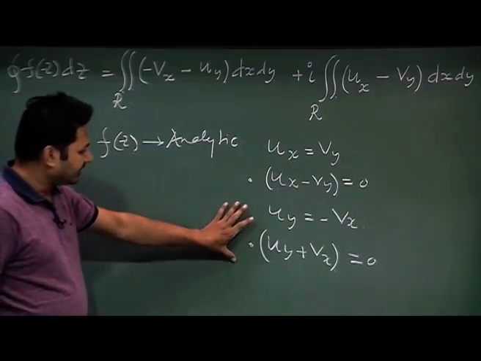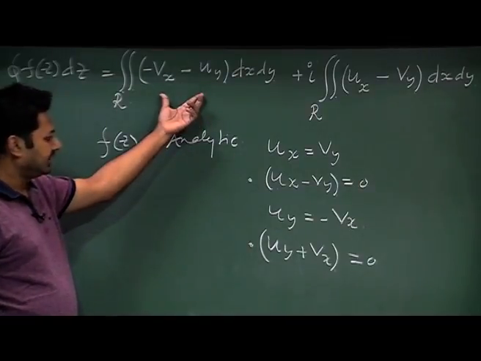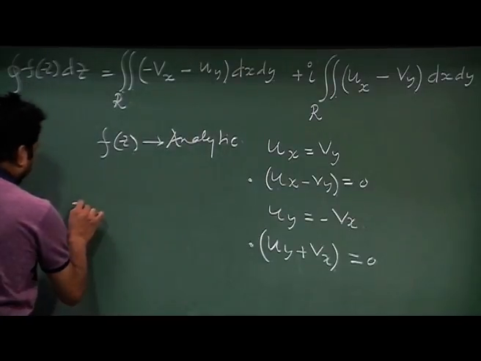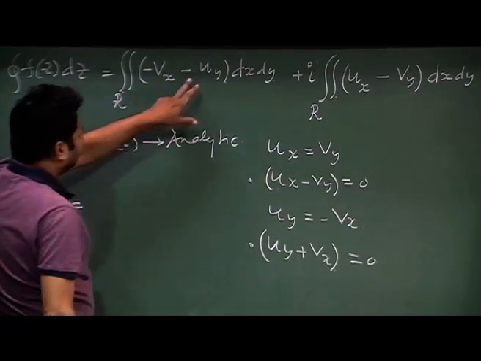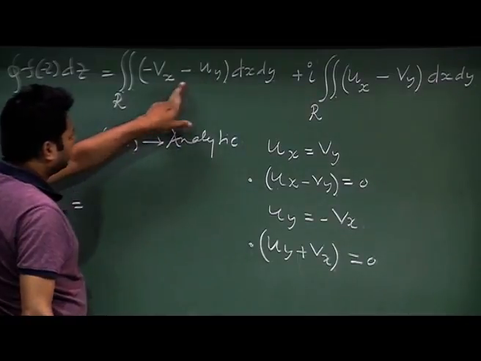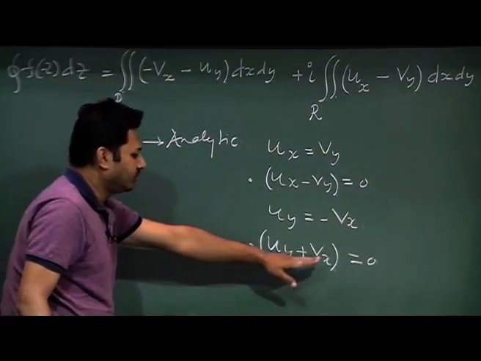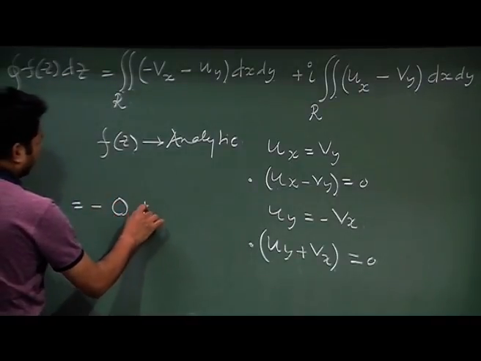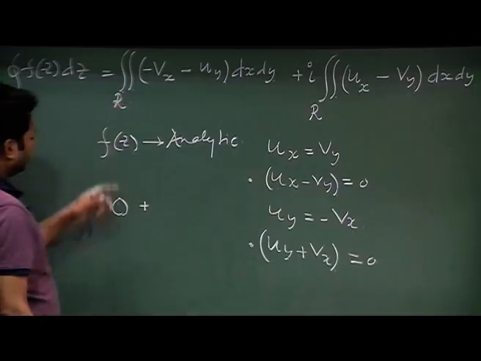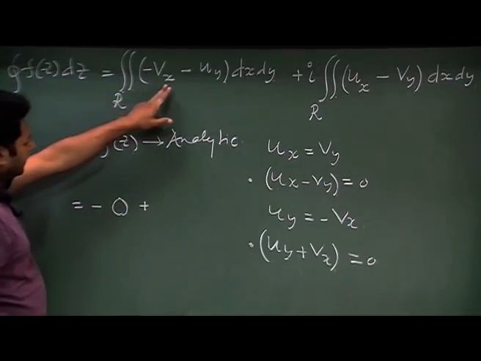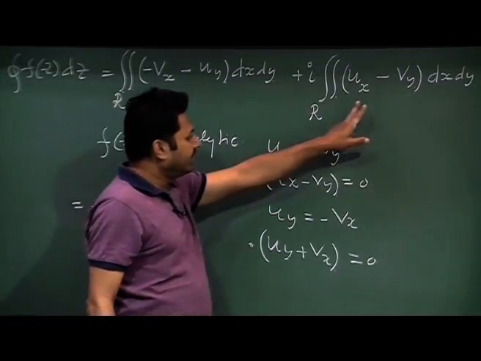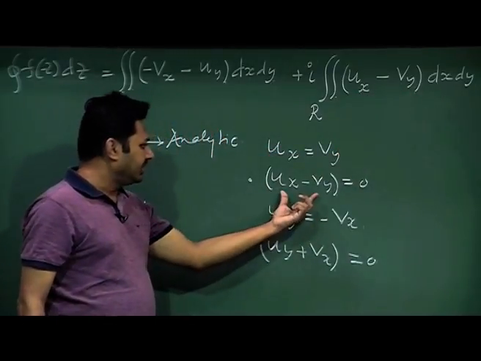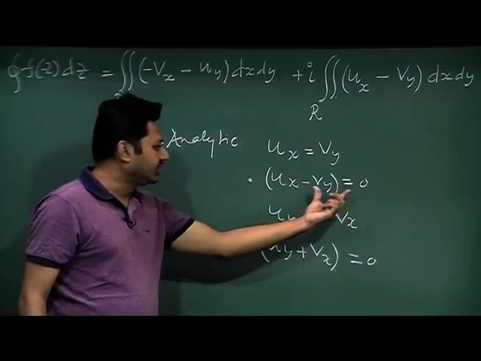And now I have two expressions. If I put this expression here, then you can readily find that this is 0. So here if I write u_x plus v_x plus u_y, v_x plus u_y which is 0, so it is 0 plus, if I take minus common from that, then it will be v_x plus u_y, and this quantity u_x minus v_y is also 0.